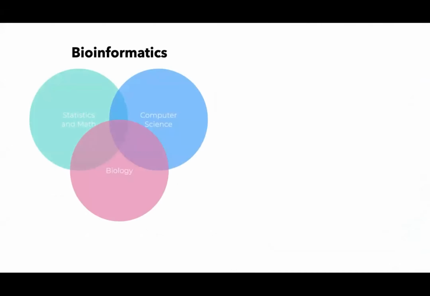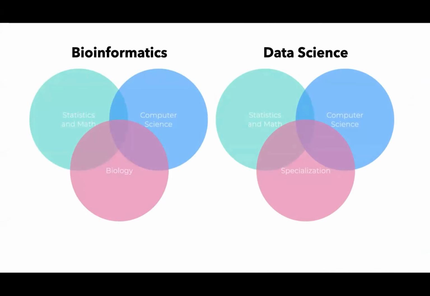First of all, data science in itself is very similar to bioinformatics. So you could define bioinformatics as the intersection of computational tools and methods to organize and manage your data with a focus on biology, whereas data science is a lot more general. So it could be applied to a lot more different applications besides biology itself.